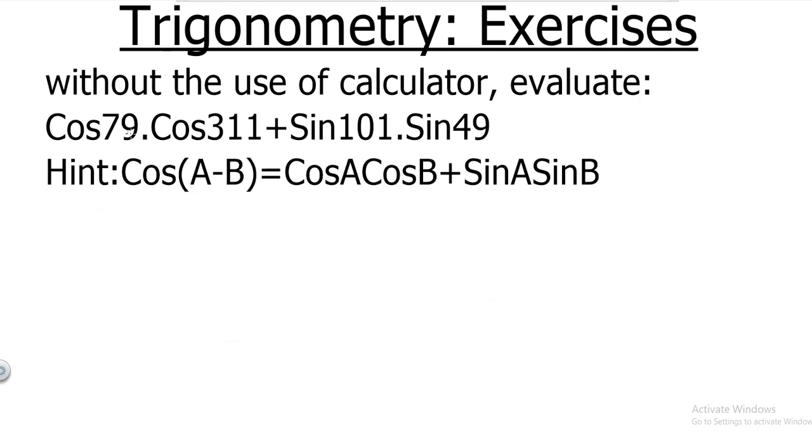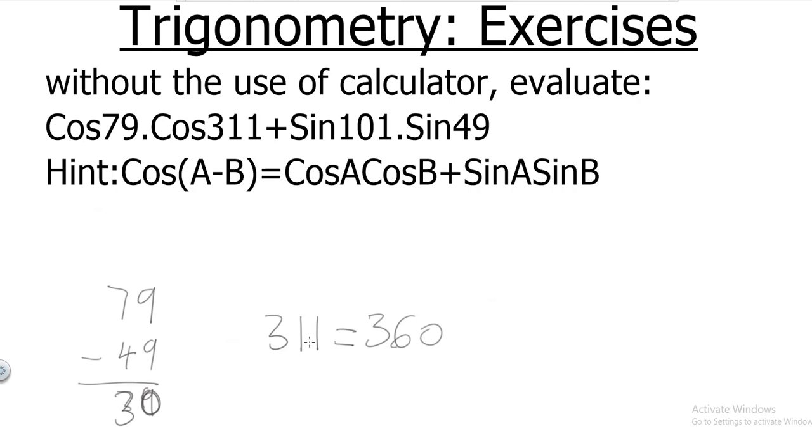When we look here, the smallest angle is 79, and another angle there is 49. If you subtract these two, this will give you 30 degrees. Can you see? Now we have to look at the big angles. 311 is closer to 360.